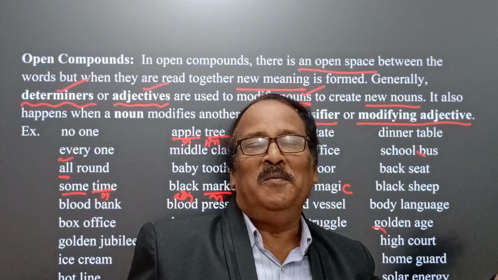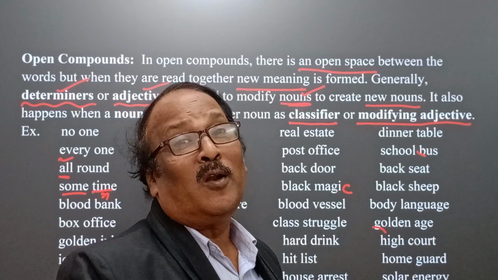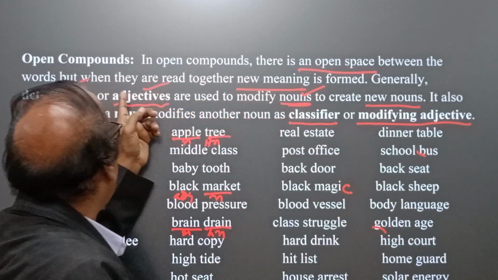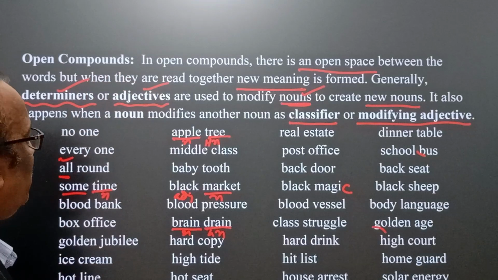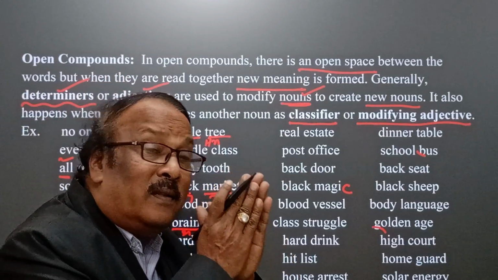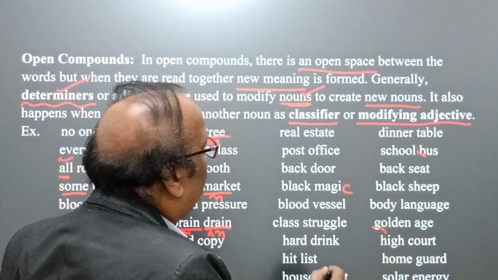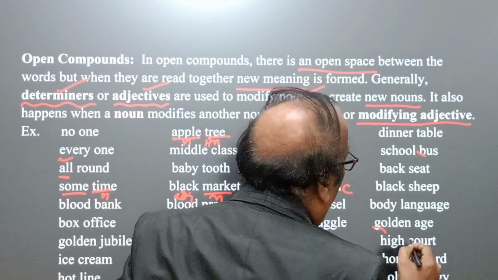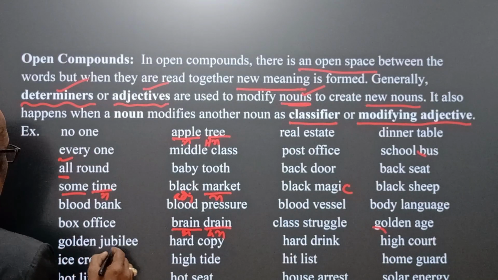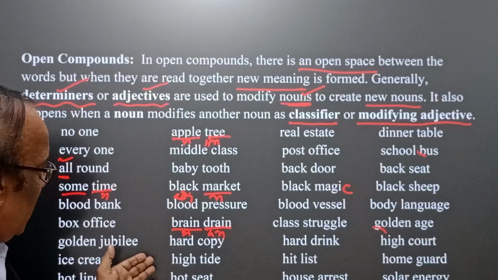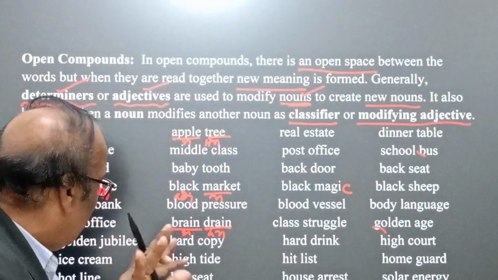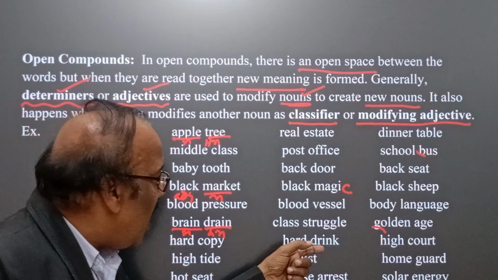In this case, we form compound nouns, and that is what we call compound words, open compounds. This is open compounds because there is a gap, a sort of open space. Yes, golden jubilee, diamond jubilee, silver jubilee, hard copy, hard drink.